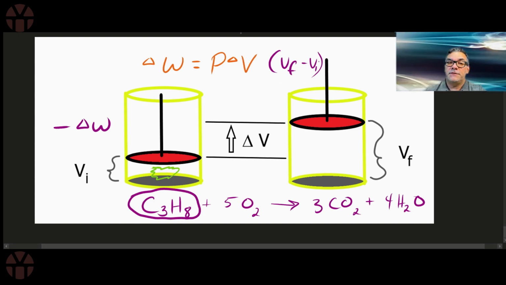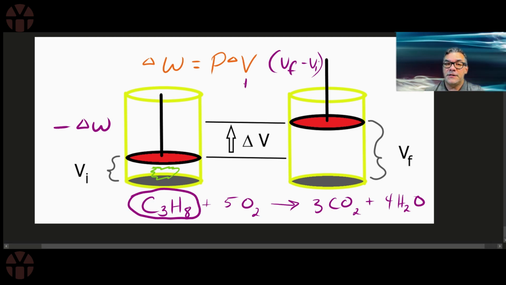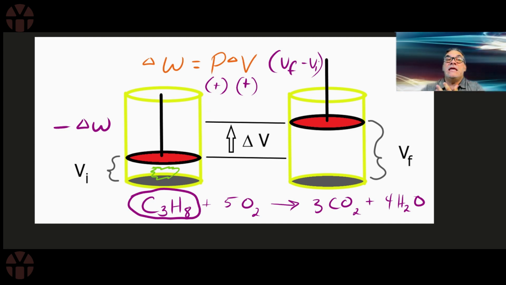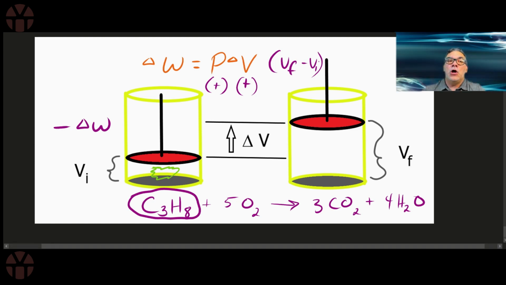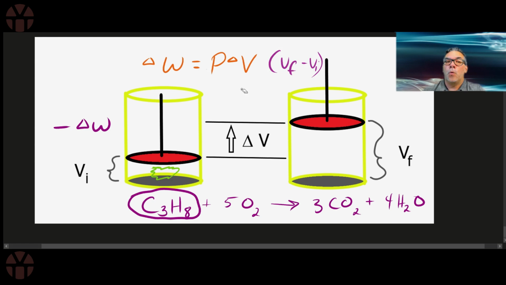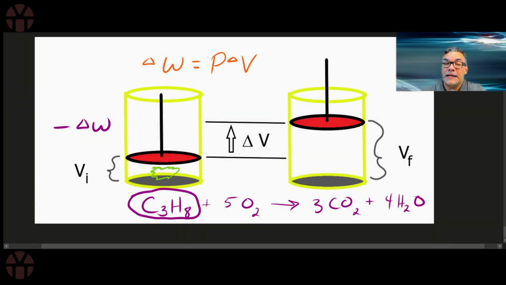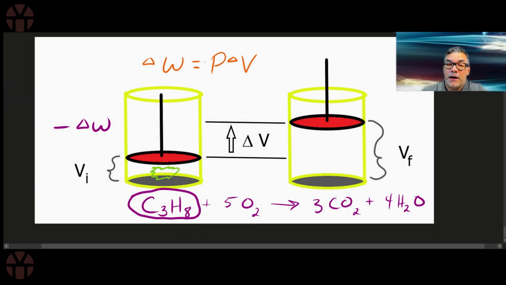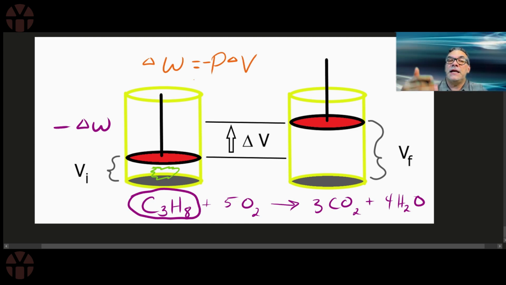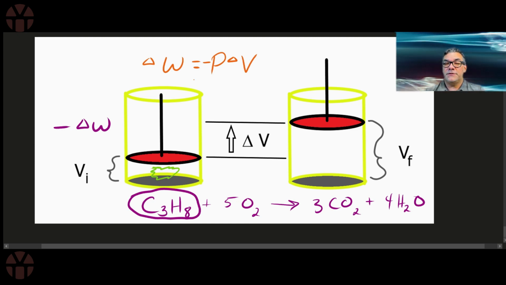And if delta V is positive, and pressure is already going to be a positive value, then I end up with a change in work that is positive, even though I know that the reaction actually did work. So mathematically, in order to avoid any of that confusion, this is why we stick the negative sign in front of the P delta V.